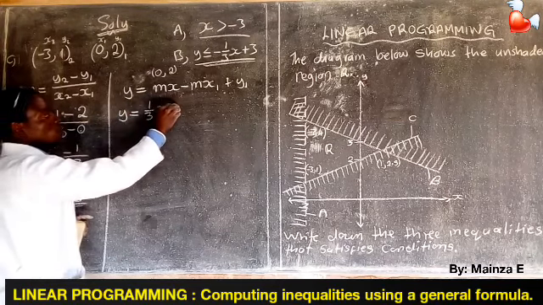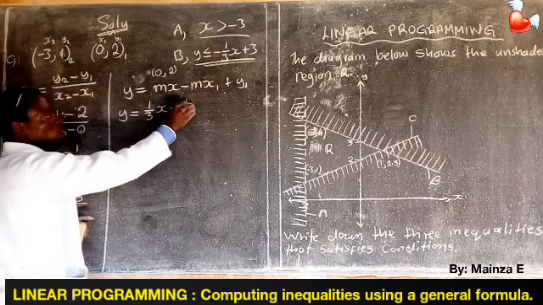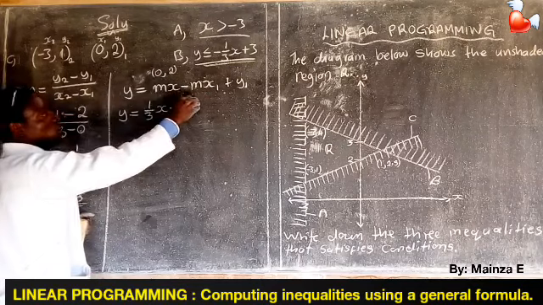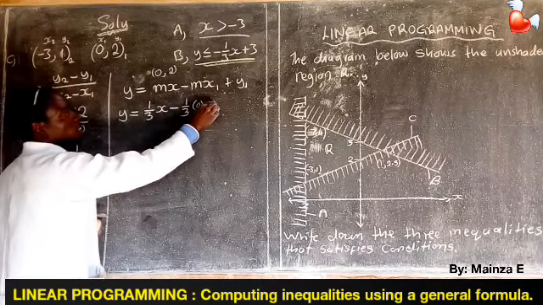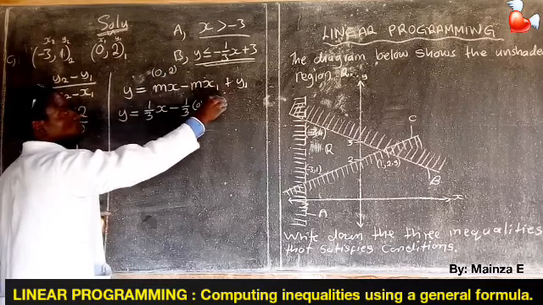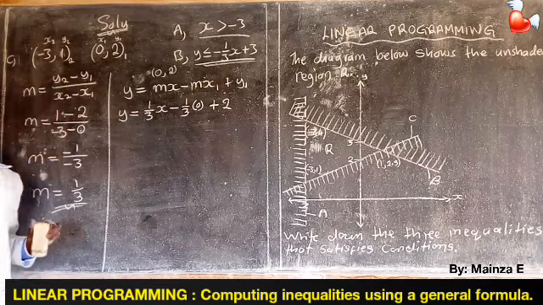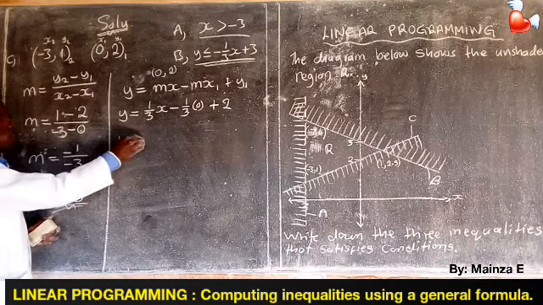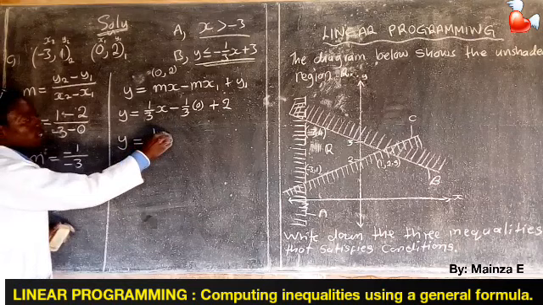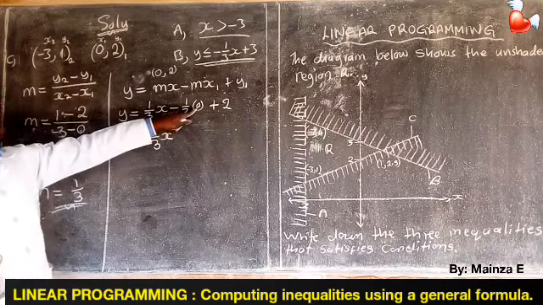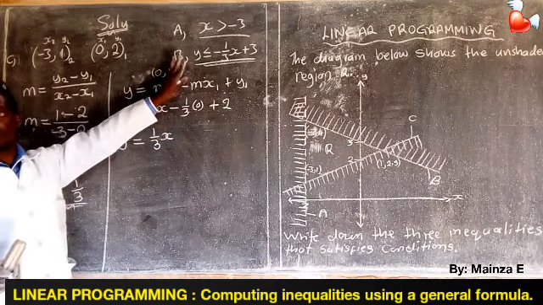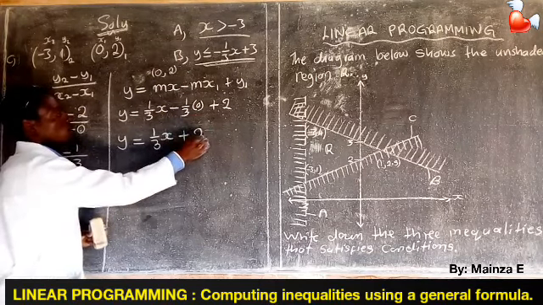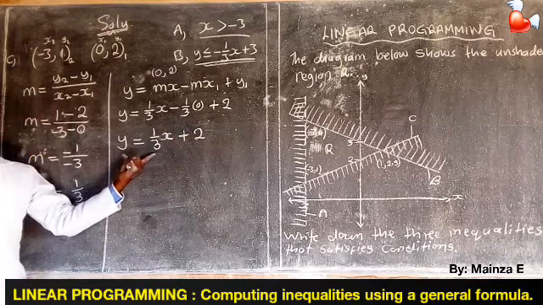Then negative, for m again is 1/3. Then for x we put 0. Then plus for y we pick 2. In that order. Next is y equals 1/3 x and 0 multiplied by everything goes. What remains is positive 2. So this is our equation.